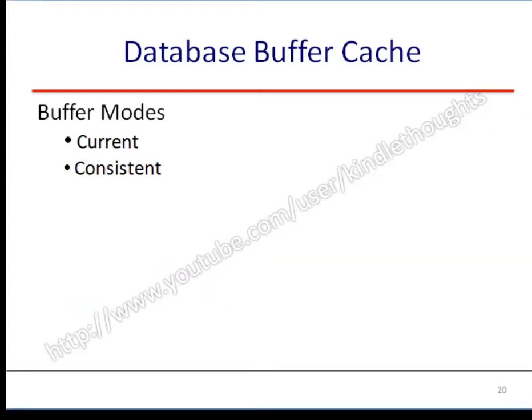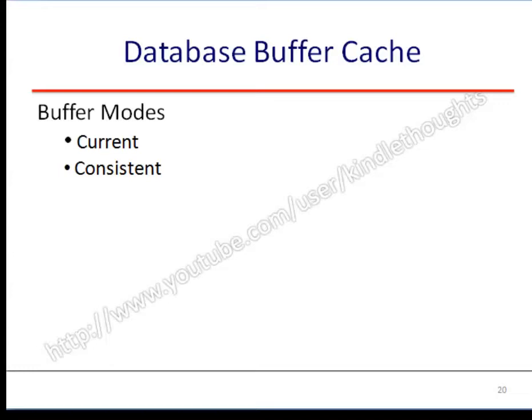The next slide talks about the buffer modes, or rather the access modes in which you can pull data from the buffer. Now, a current get is also referred to as a DB block get. If the data is being fetched and the data has not changed since it has been fetched into the memory, it is referred to as a current get or a DB block get.